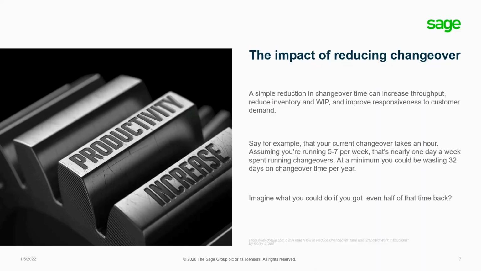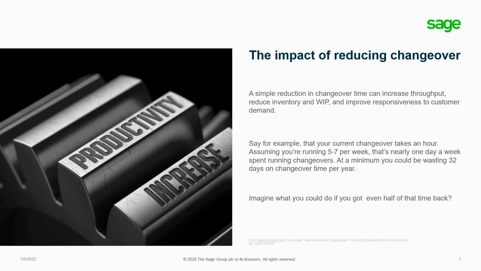In addition, reducing changeover time can lead to the reduction of capital equipment expenditures, use of subcontractors for overflow, reduction of temp staff, and a potential reduction of overtime, all of which can have a direct impact on the bottom line.